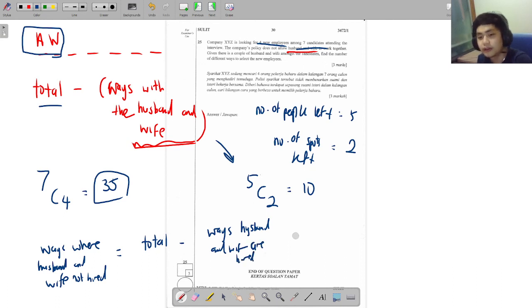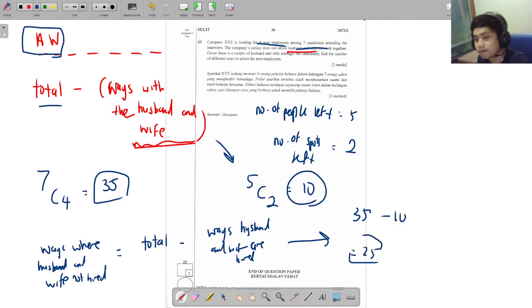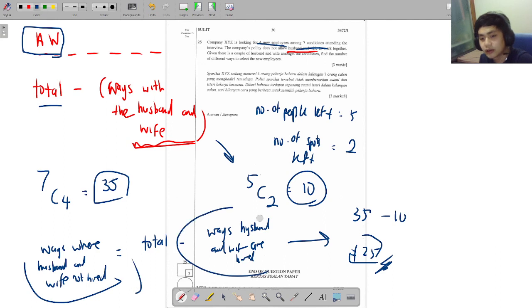So from here, we can find the total is 35. Husband and wife hired is 10. So answer is just 25. Done. Nice and easy, right? So you don't need to write all of these words like this, right? You can write it in shorter forms. So like maybe no husband wife or with husband wife, but I'm just writing it for clarity.